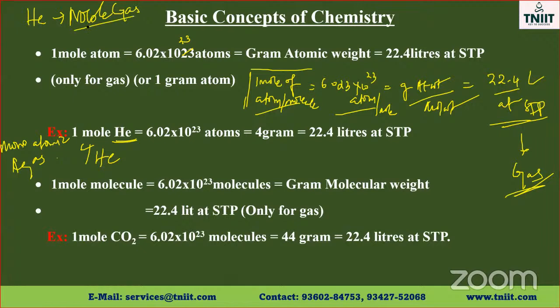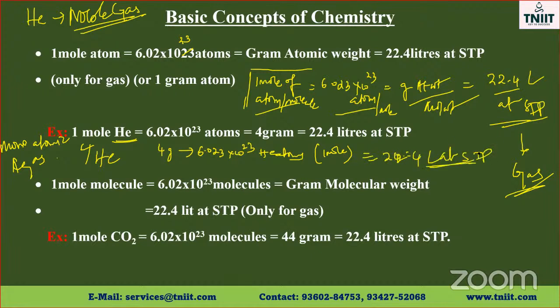It exists in a free state. So 4 grams of helium contains 6.023 × 10 to the power 23 helium atoms. Therefore, these 4 grams of helium will be called 1 mole, and this 1 mole will occupy 22.4 liters of volume at STP.